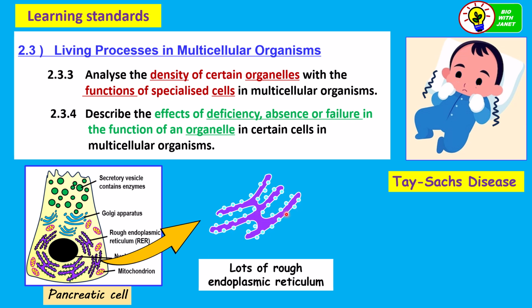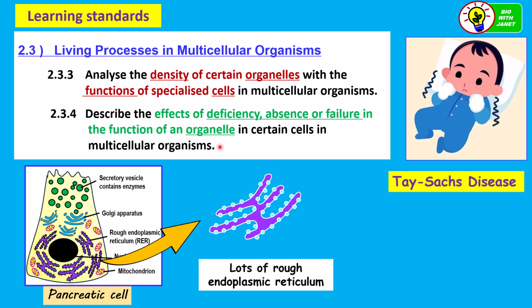So here's a pancreatic cell. It has a lot of rough endoplasmic reticulum, this structure with the ribosomes attached to it. So we have to relate the abundance of this rough endoplasmic reticulum to the function of the specialized cell, the pancreatic cell.